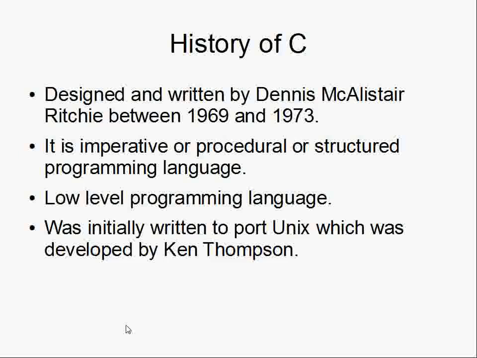At that time, C was not there, so Unix and Space Travel, the game, were both written in assembly. Later on, AT&T Bell Labs bought another machine, which was GE 645. This was another machine, another processor, so assembly instructions were different. So Thompson had to rewrite the game and Unix.